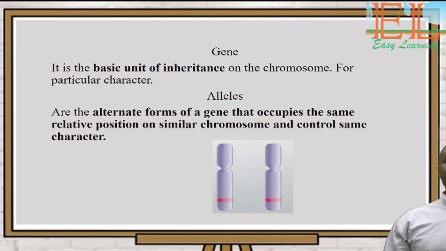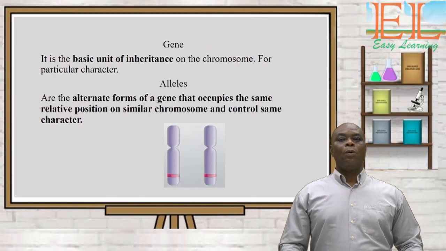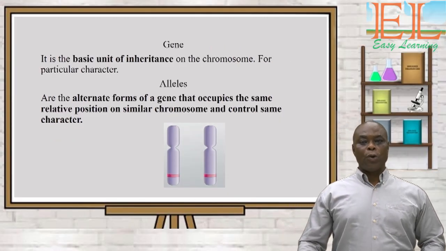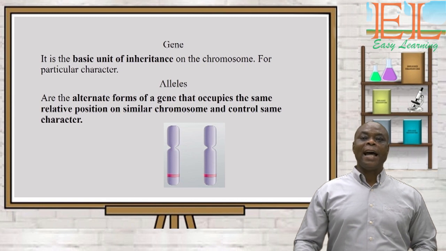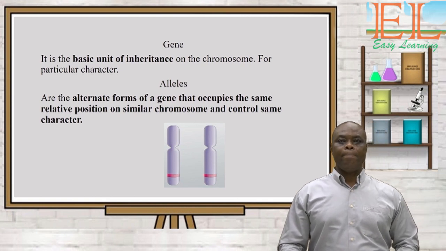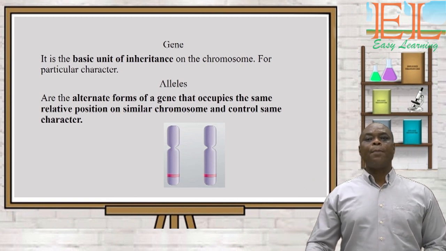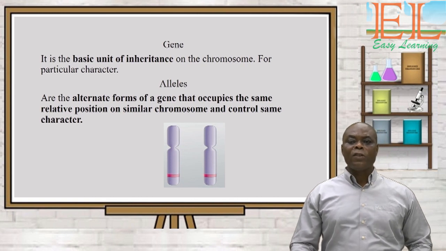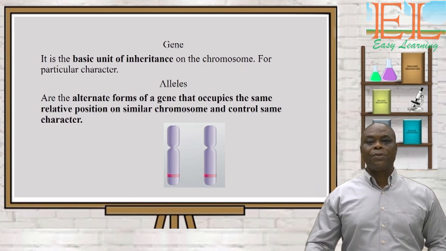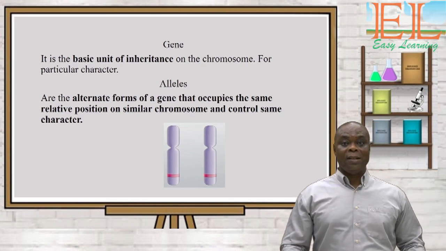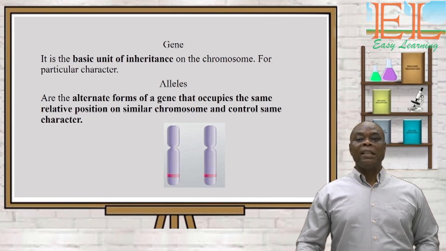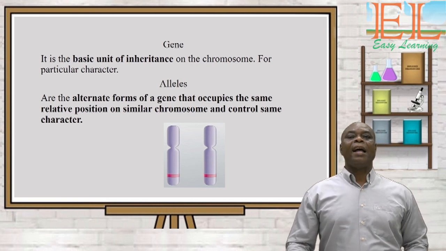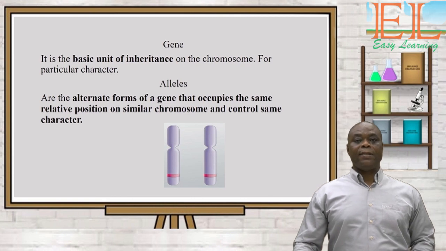Homologs are similar structures. So in the cell, we have homologous chromosomes, one from the father, one from the mother. On them, you will see some red strips. When considering only one of the strips, we call it the gene because it controls just a character, and is a unit.